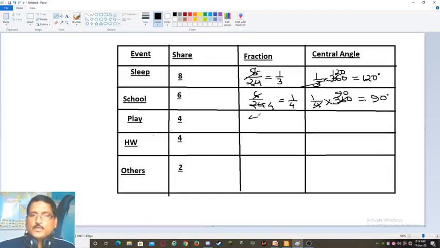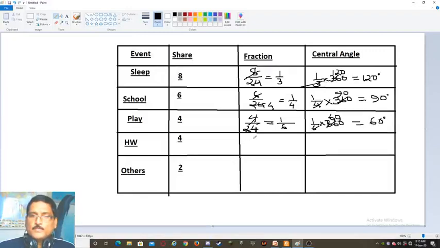Here 4 upon 24, cut, equals 1 by 6. 1 by 6 into 360. After cutting, I am getting 60, that is equivalent to 60 degree.